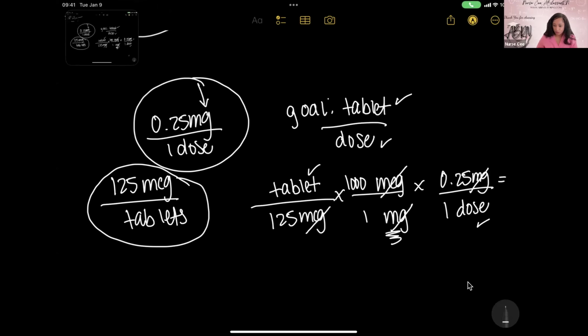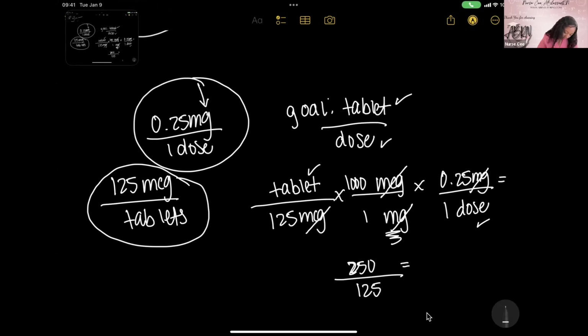Okay, so we'll do 1,000 times 0.25, which is going to be 250 over your 125.